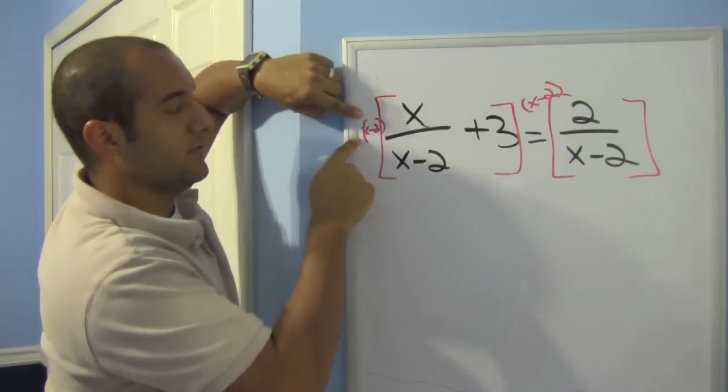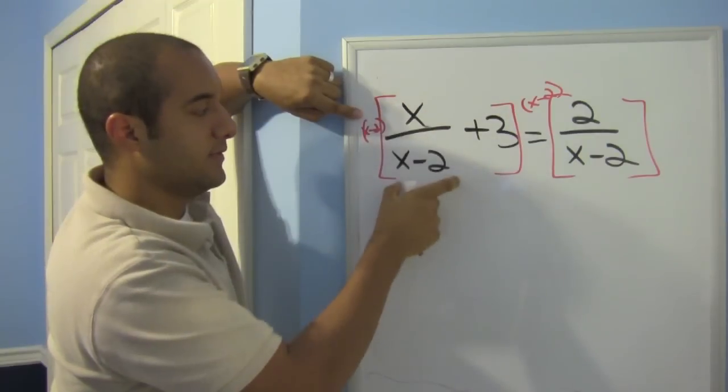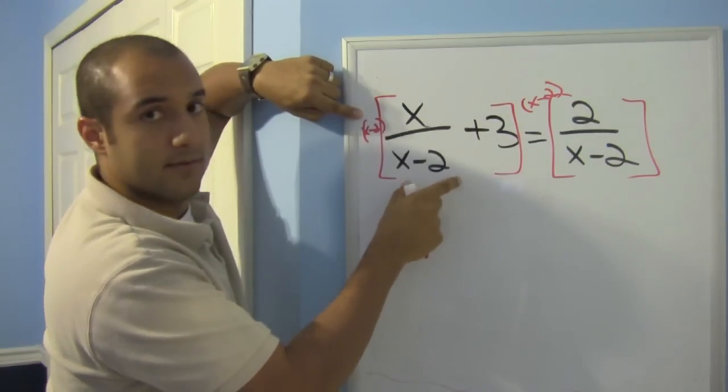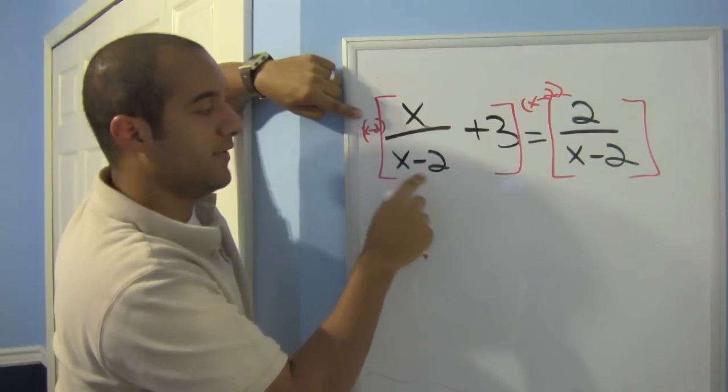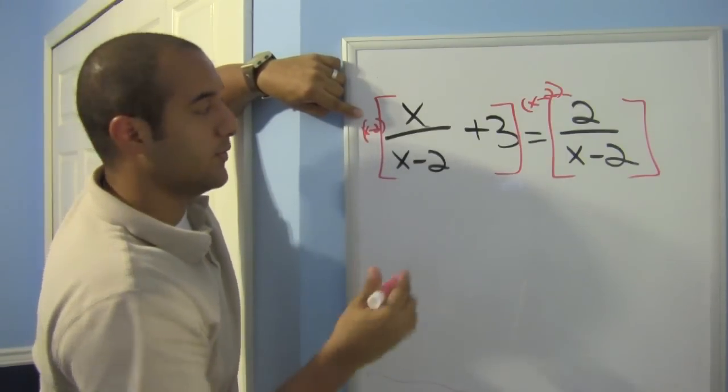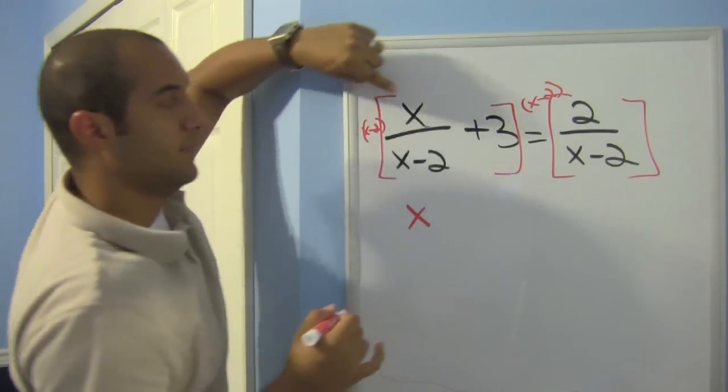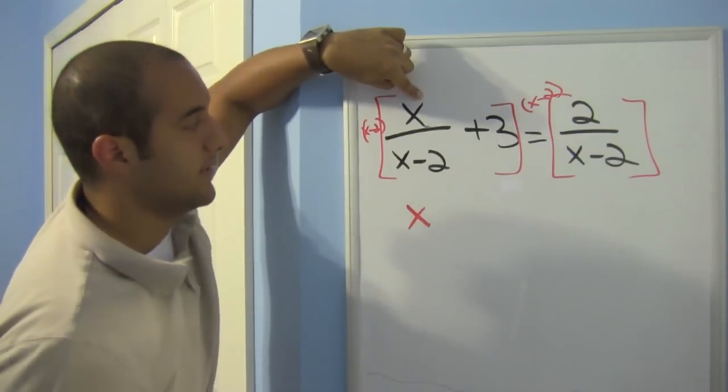Now notice what happens here. When I multiply this term, that denominator is going to go away. So, because x minus 2 divided by x minus 2 is 1, so it goes away. So I just have x. What I had in the numerator stays the same.